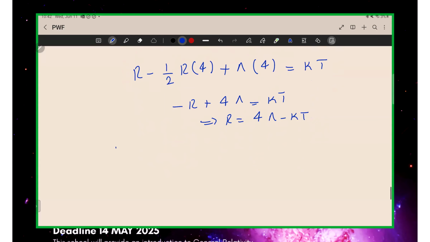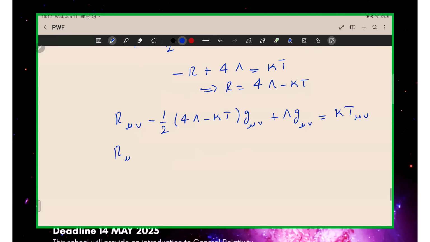Okay, so if you use this expression, then you will get this thing.